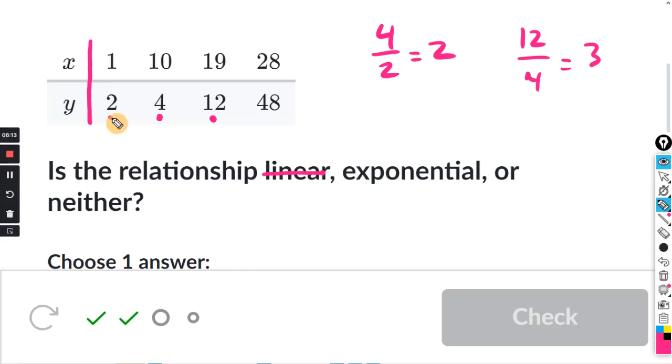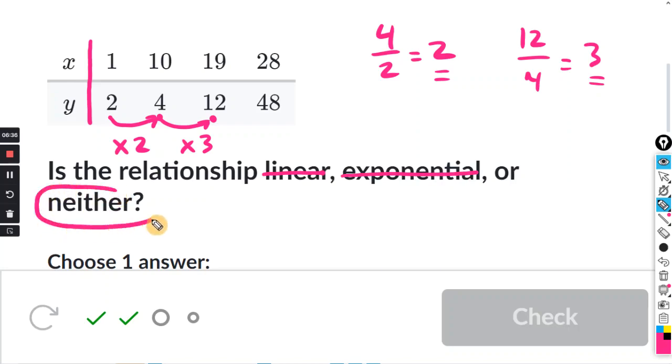So when we went from 2 to 4, we did times 2. When we went from 4 to 12, we did times 3. So are we multiplying by the same number? No. So it's not exponential, and in this case, it's neither.